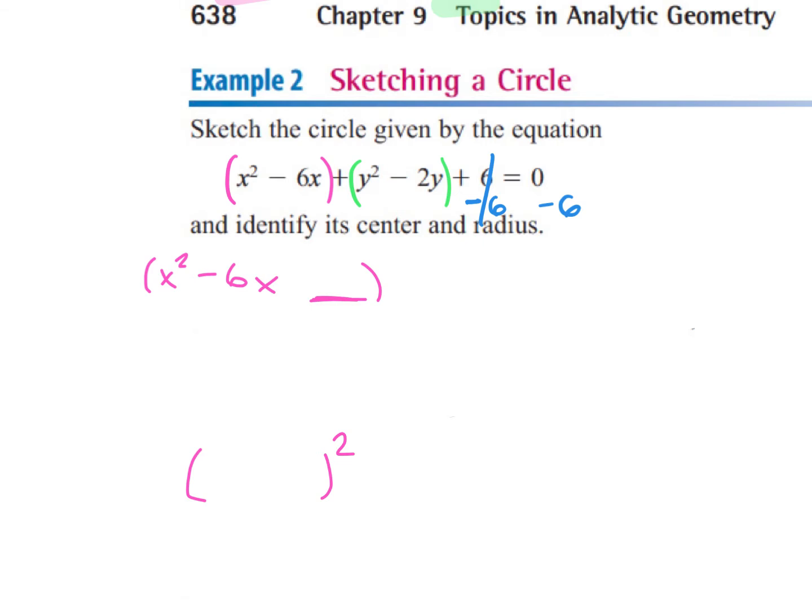If you remember from Algebra 2, that number that we put there is (b/2) squared, and b is always our middle number.